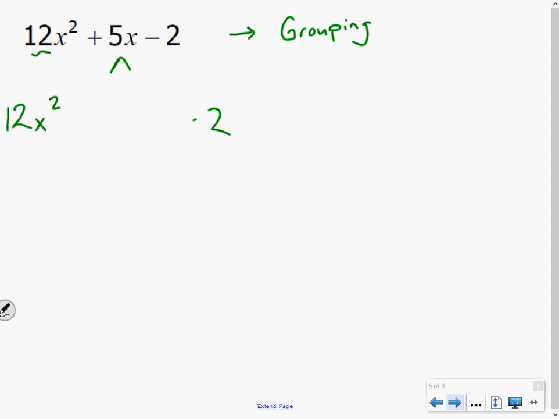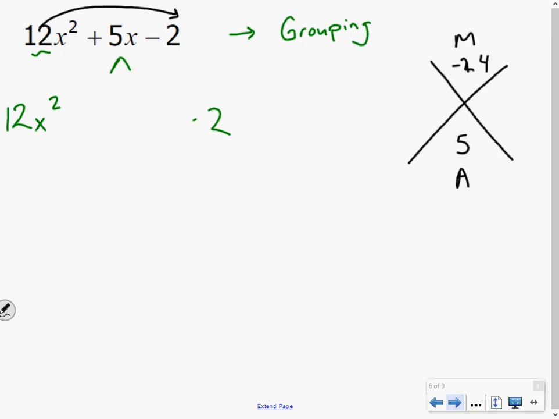We're going to use the x, but we're going to use it a little bit differently. Instead of finding 2 numbers that multiply to -2, and those same 2 numbers that have to add to 5, we're going to multiply the first and the last number, 12 times -2. So that would give us -24, and add to 5.